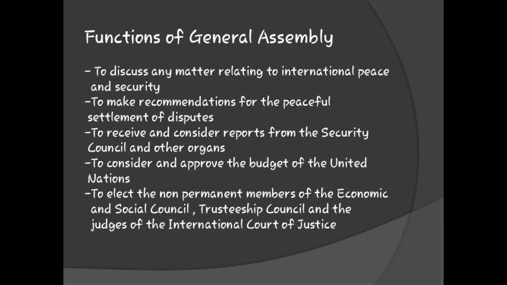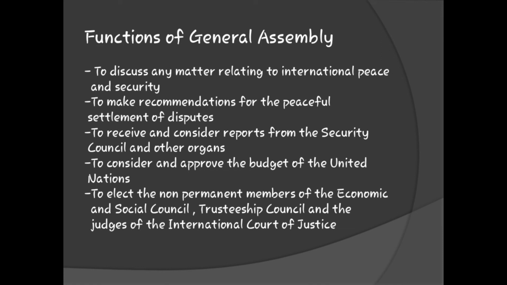When it is an international organization, it has too many varieties of activities to be done, and therefore there is a budget to be maintained. This budget is always considered and approved by the General Assembly. It discusses matters relating to international peace and security.